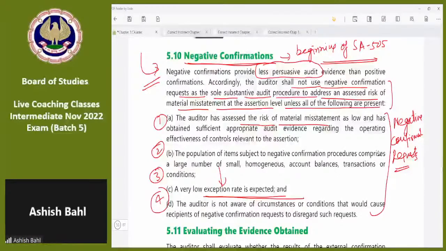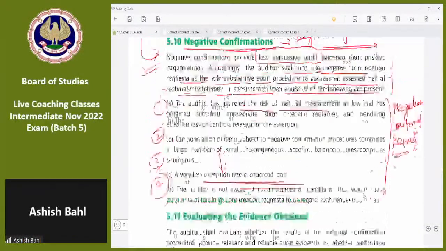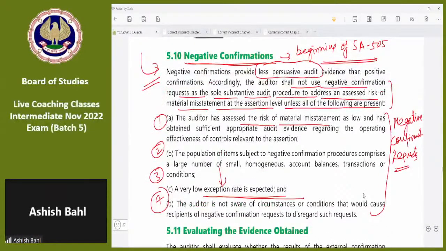It means that there is a low chance of difference in the information given by the auditor and the information being confirmed by the party. And the circumstances are such that the auditor feels that all the negative confirmation requests would be considered by the parties, because these would have to be responded to by relatively very few parties.